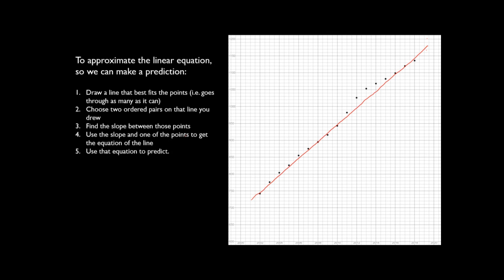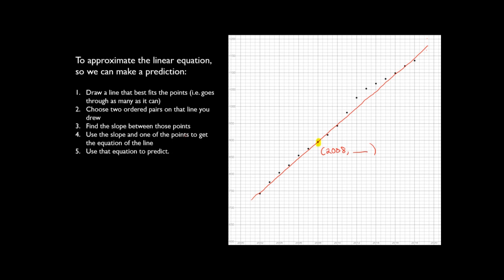So you need to draw lines so we can get an equation, and we want to choose two ordered pairs on the line. We want them to be on the line. And you want to try to pick easy points. So I actually went through a point right here. So that's my 2008 number.